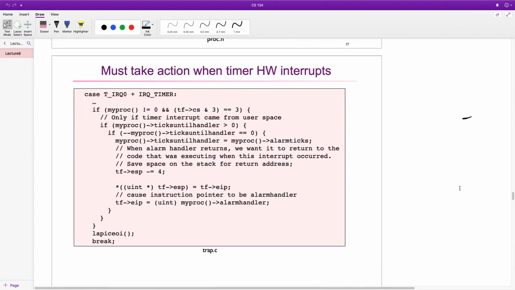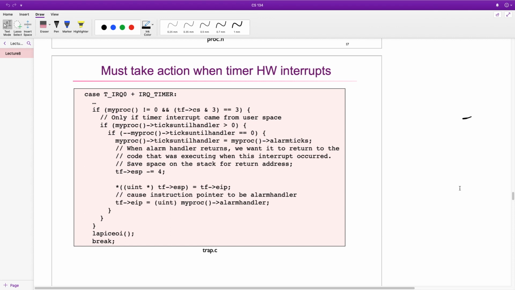And then we already have our timer, right? So this means the timer is going off. If our timer is going off, we want to increment, maybe. We need to make sure we have a process running, and that we're in user mode. Why do we even need this check?